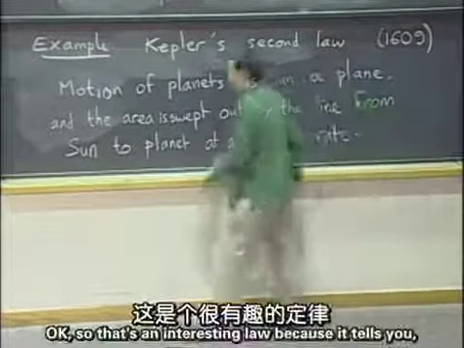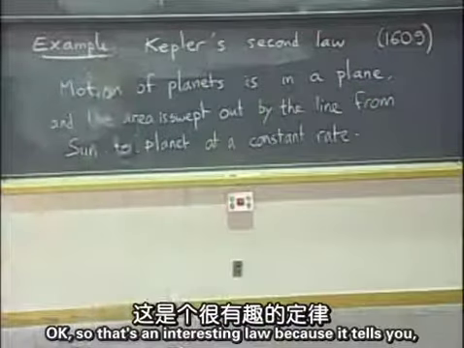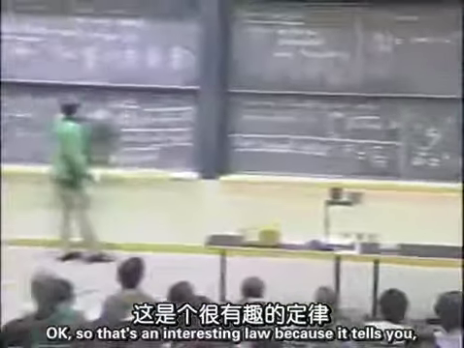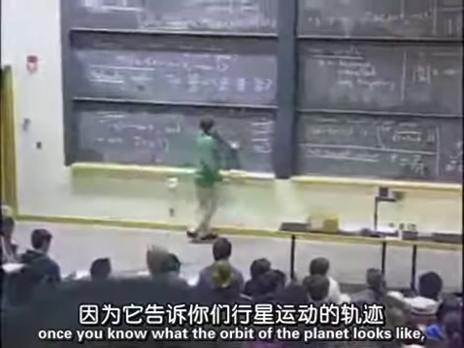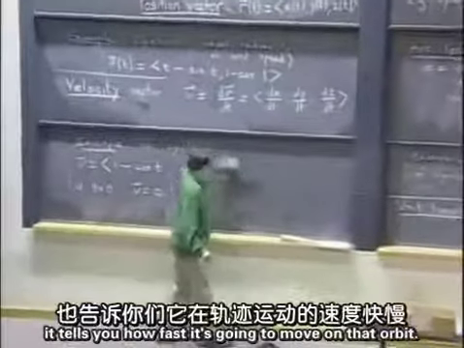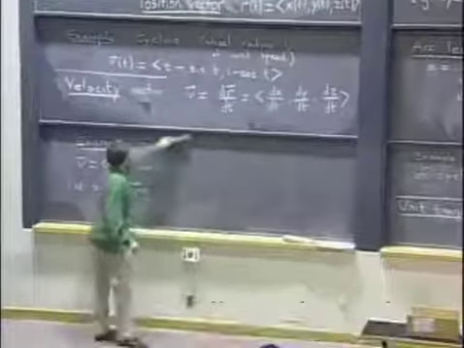That's an interesting law because it tells you, once you know what the orbit of a planet looks like, it tells you how fast it's going to move on that orbit.